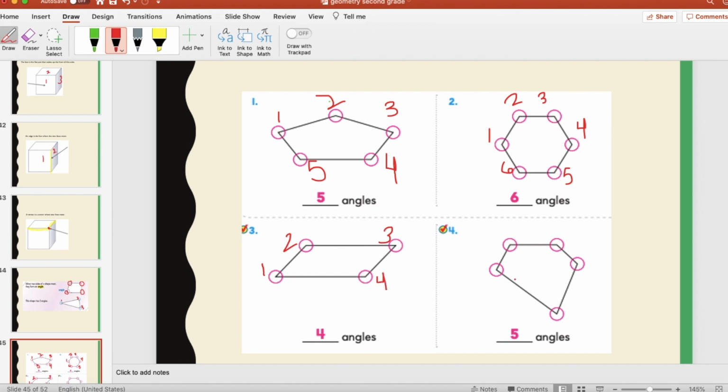And over here, this is also considered to be a pentagon because it has 5 sides. This also has 5 angles. 1, 2, 3, 4, and 5. All of the angles are circled in pink. That's where the 2 lines are meeting and they're creating an angle. As you can see in all of these different shapes, the angles are different sizes, and that's okay.